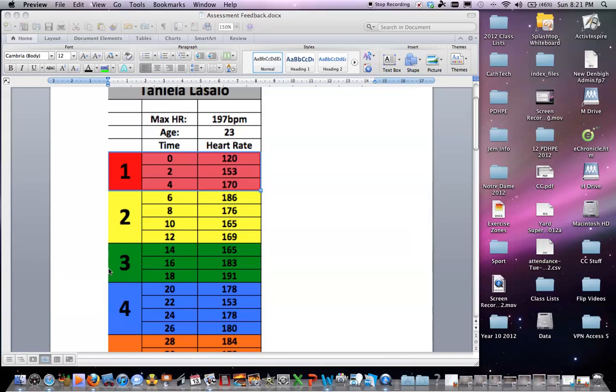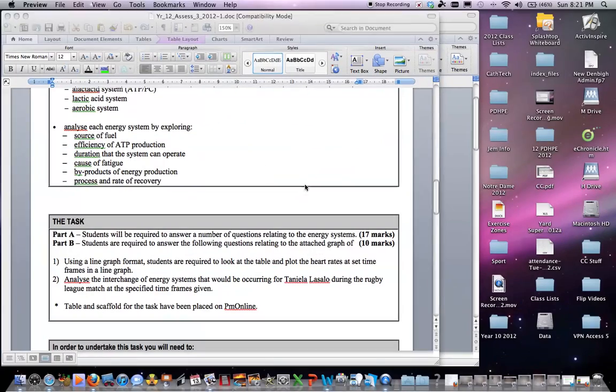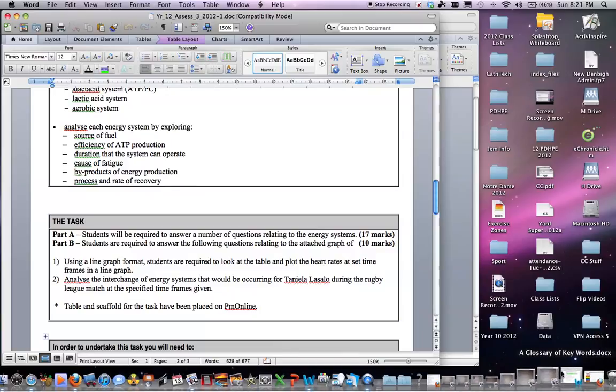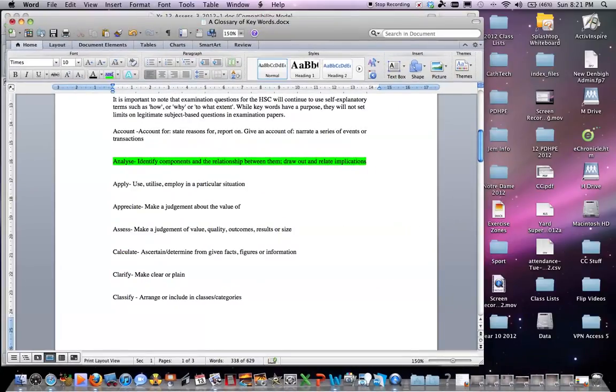The second part of the question asked us to analyse the interchange of the energy systems that would be occurring for Taniela Lasalo during the rugby league match at the specific timeframes given. So in this part, again, we will have a look at what the Board of Studies tells us in regard to what an analyse or an analysis is.